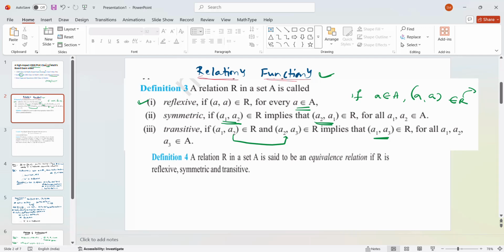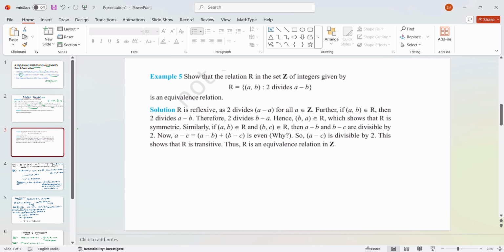We must and should know all the basics from all the chapters, that is for sure. And then how to approach the basic concept for solving the problem, that is the important strategy we are going to learn here. So let me take one problem here.